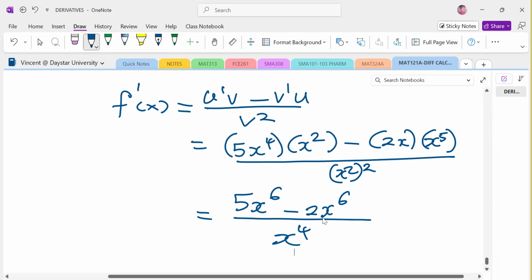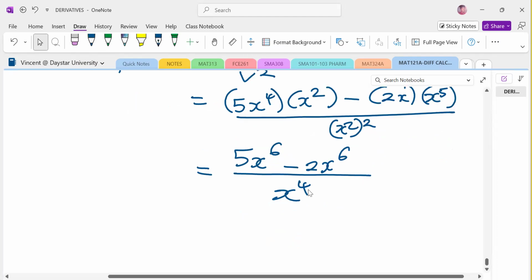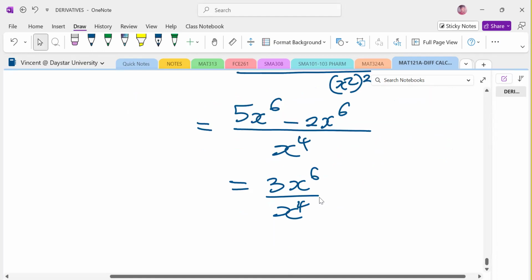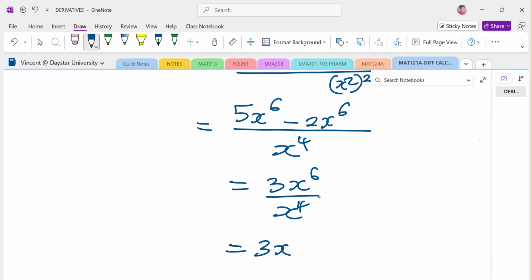Then 5x power 6 and 2x power 6 are like terms. So when you simplify, you get 3x power 6 over x power 4. Then from laws of indices, x power 6 over x power 4 reduces to x squared, so 3x squared. So this is what you have.